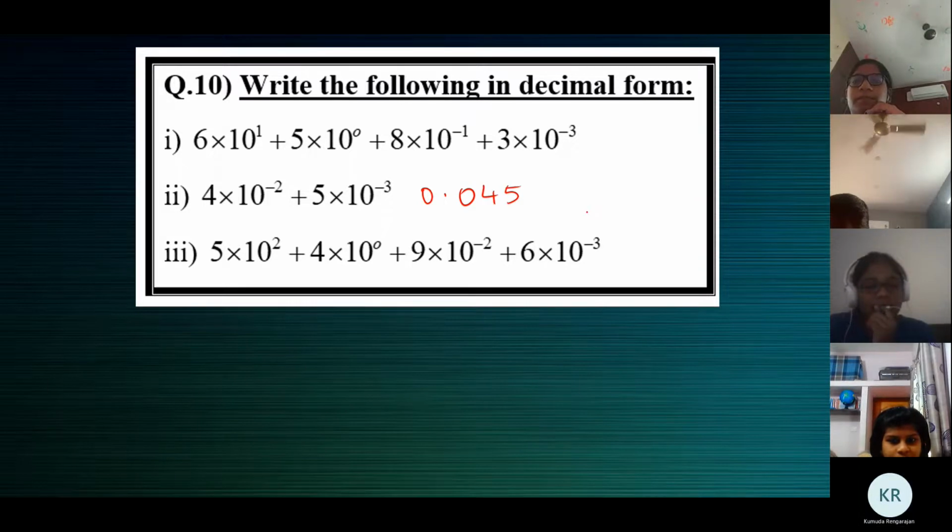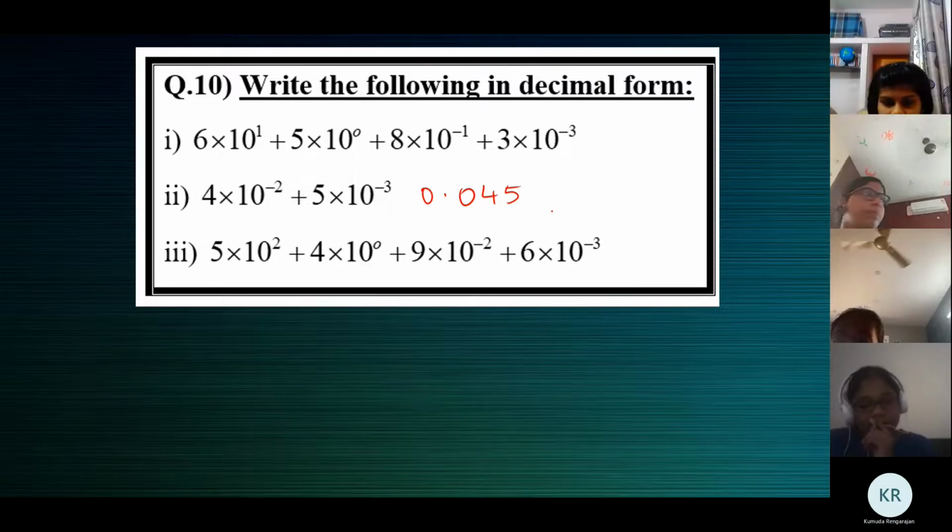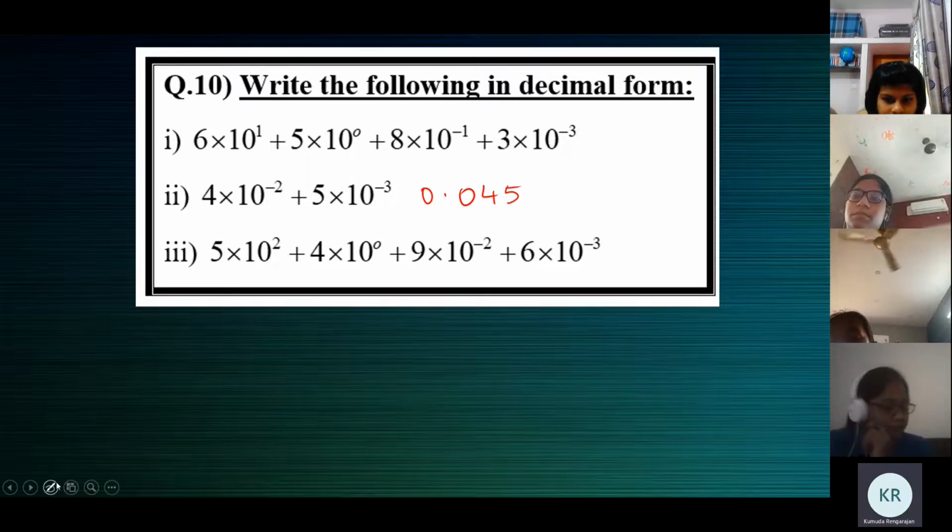Correct? Yes, ma'am. All of you got the same answer? Yes, ma'am. Ma'am, can I do the last sum? Yes, Bhavishya, 1 minute. Okay, Bhavishya will say the third one. Now, is the second one correct? All of you get the same answer? Yes, ma'am.